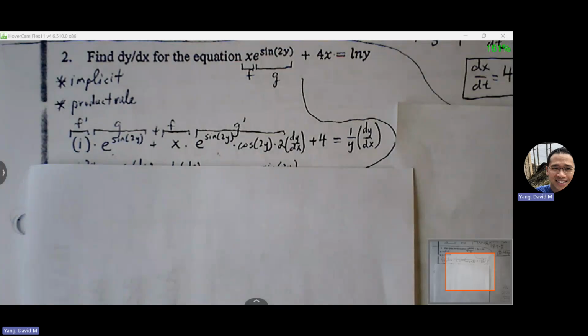All right, so now we have 4 separate terms. We're just going to arrange them so that we can get the dy/dx terms on the same side, the non-dy/dx terms pushed to the other side.